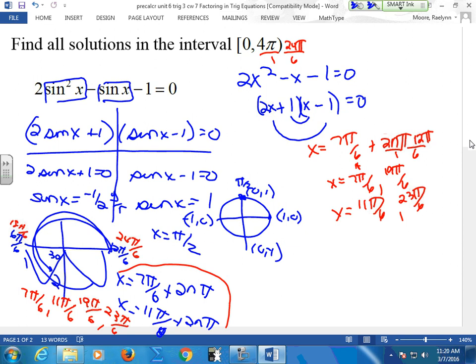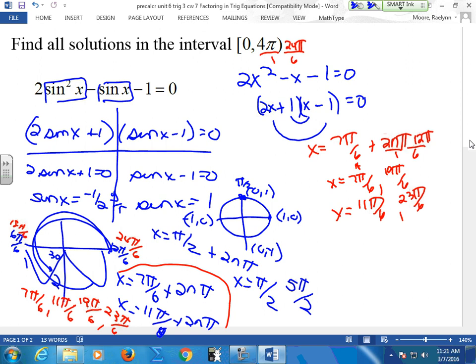Now, you could say plus 2n pi, and then you would give me x is pi over 2. Now, if you're only going to go around one more time, count. This is 1 pi over 2, 2 pi over 2, 3 pi over 2, 4 pi over 2, 5 pi over 2.